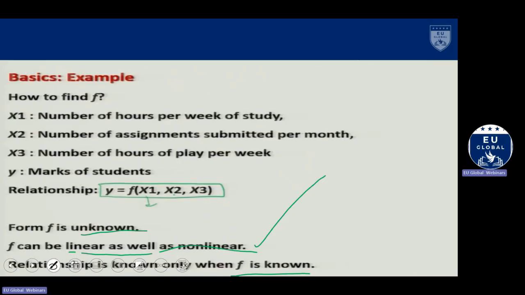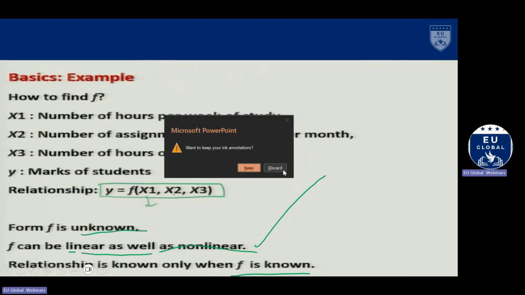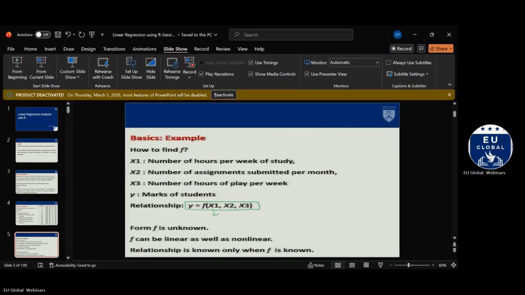So the relationship will be known when F is known. Then only can we know the relationship. Otherwise, it is very difficult to know the relationship, right?